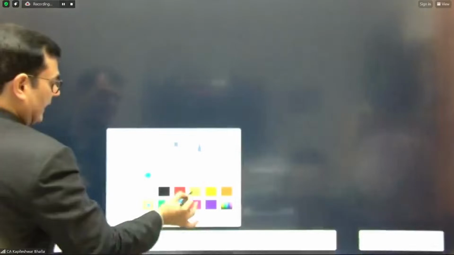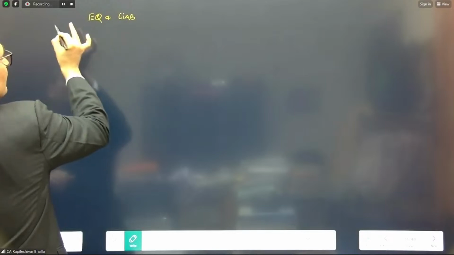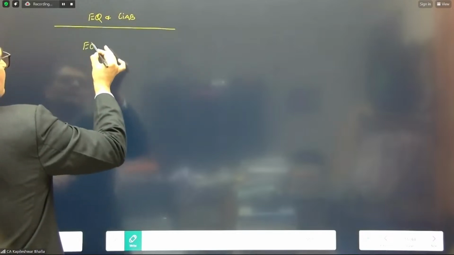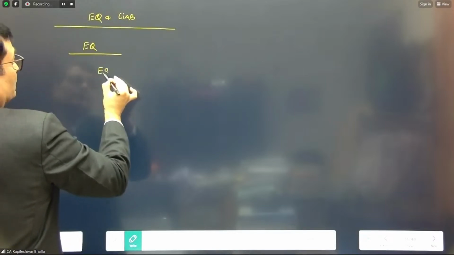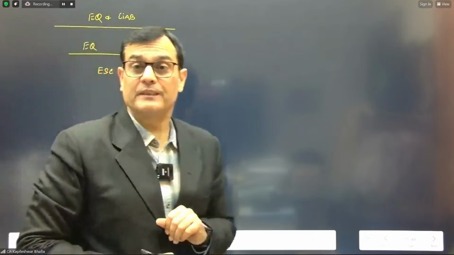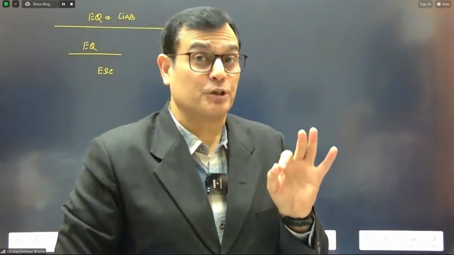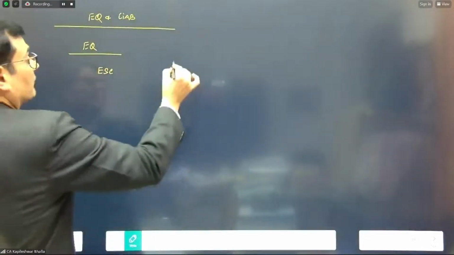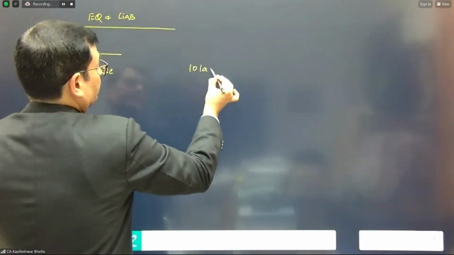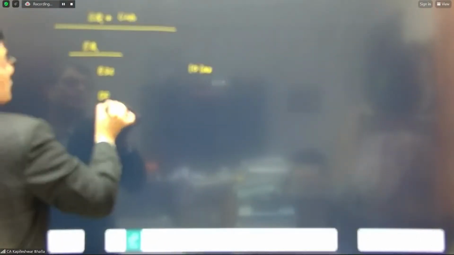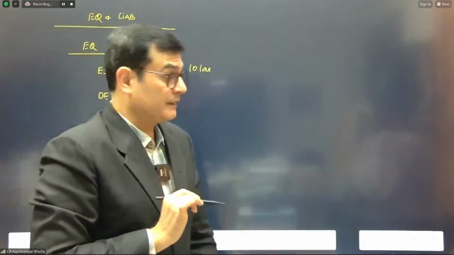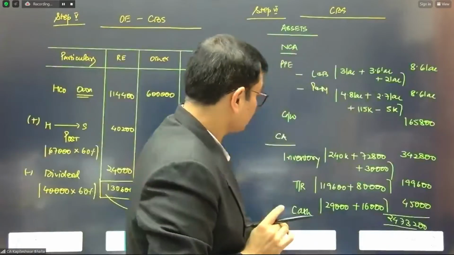Now let's go to the liability side, equity and liabilities. So in terms of equity and liabilities, let's begin with the equity. So we've got equity share capital only for the parent company. We're not considering the share capital of the subsidiary. So the equity share capital of the parent company is 10 lakh. The other equity which you can consider from the workings we have done earlier.